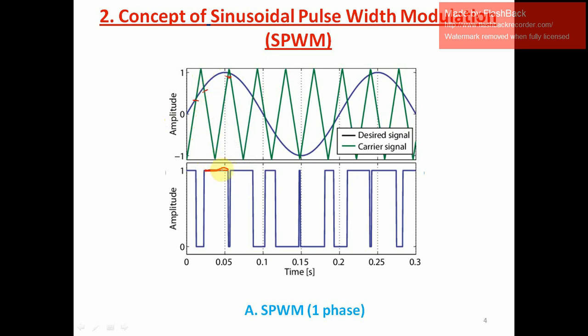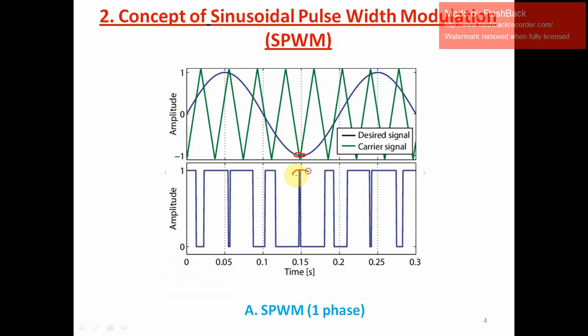This is the width of the pulse which is created by the crossing over of the triangular waveform with the sinusoidal waveform here, and the pulse width is defined here. Similarly, we can go for any other crossing of the triangular waveform with the sinusoidal waveform.